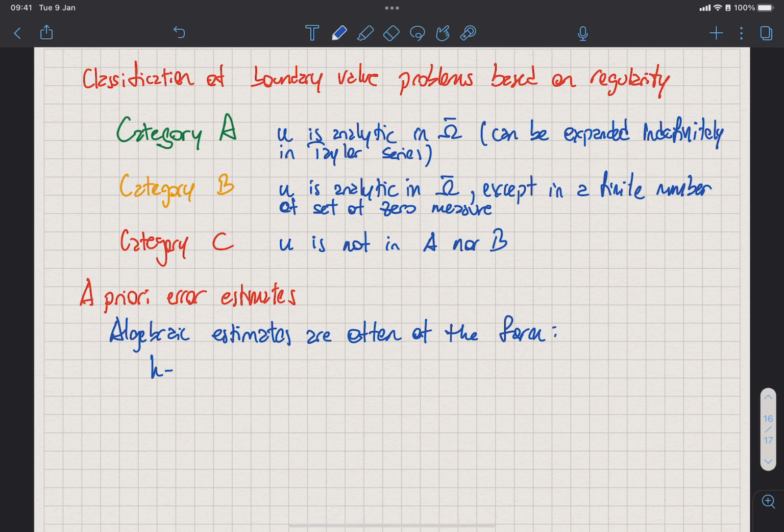So if you take h-FEM, then the algebraic convergence can be expressed like that.